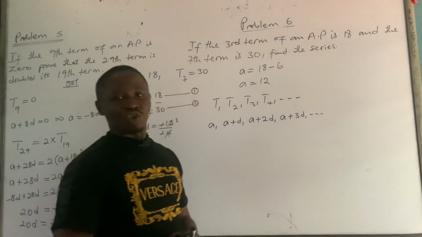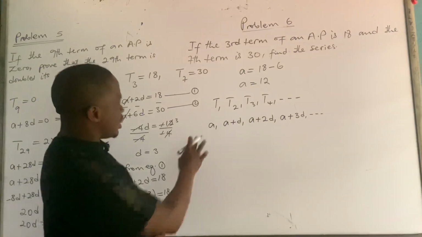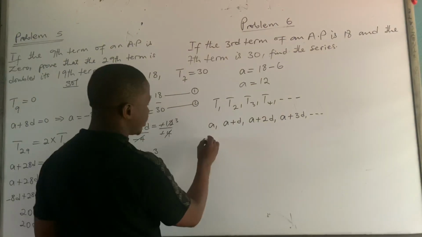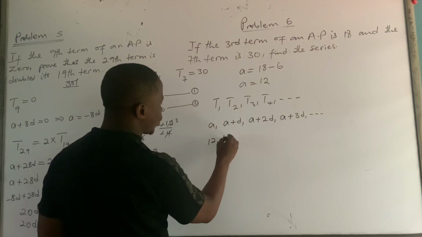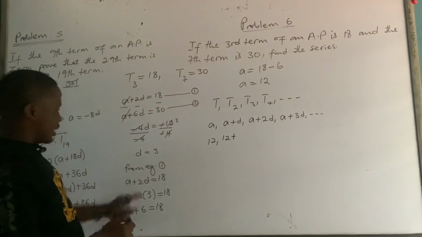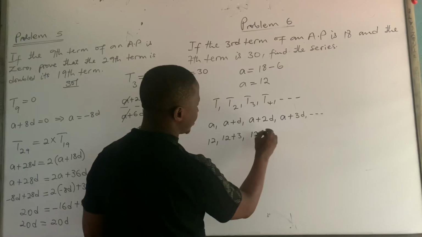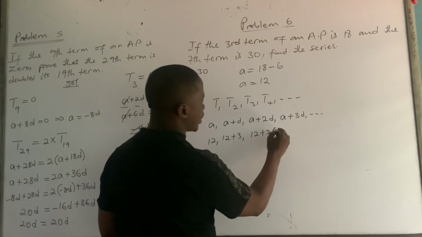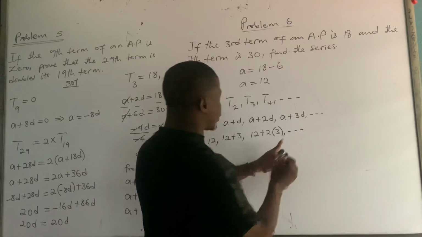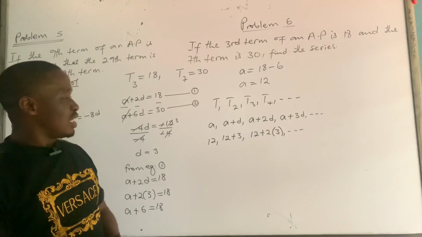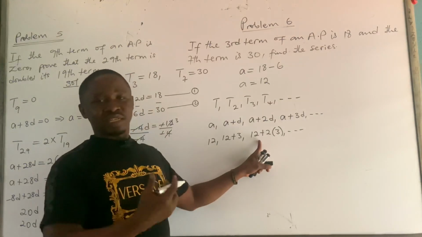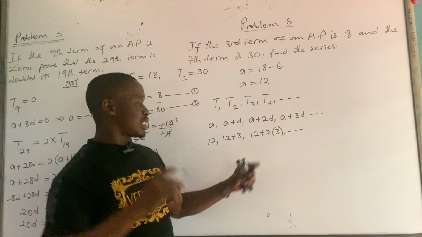Remember, the sequence continues infinitely. A is 12, D is 3. We can even choose to stop here. The most important thing is we have written not less than 3 terms.